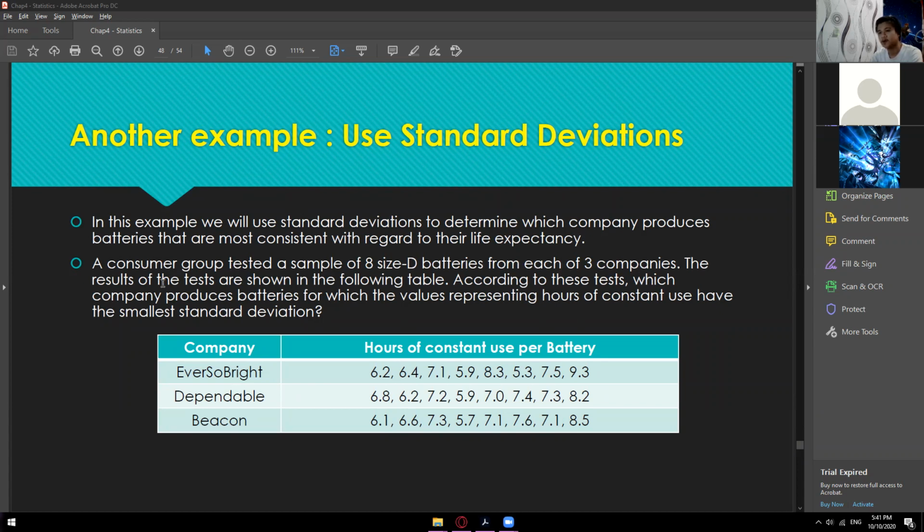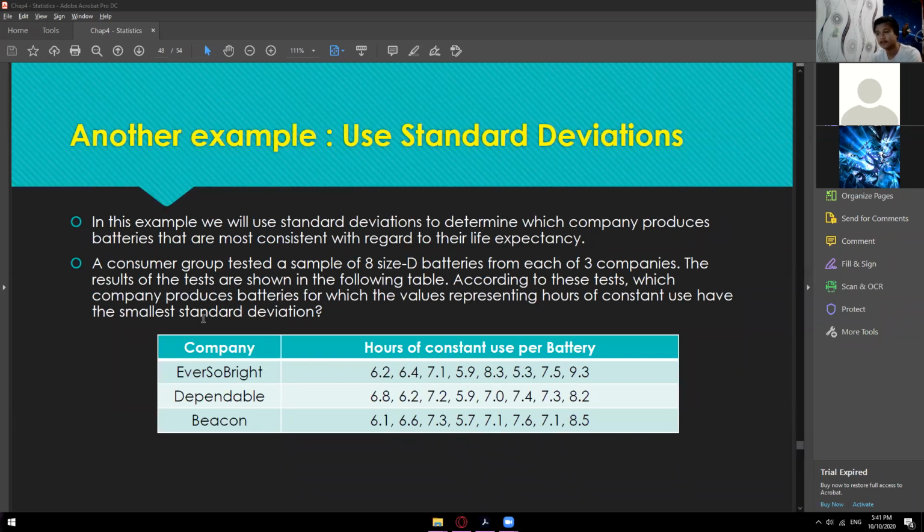The results of the test are shown in the following table. According to this test, which company produces batteries for which the values representing hours of constant use have the smallest standard deviation? Take note, in standard deviation, the smaller the standard deviation, the better.